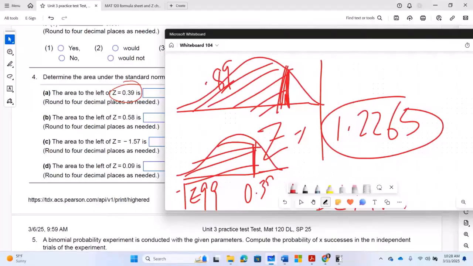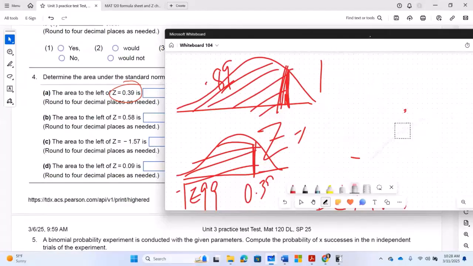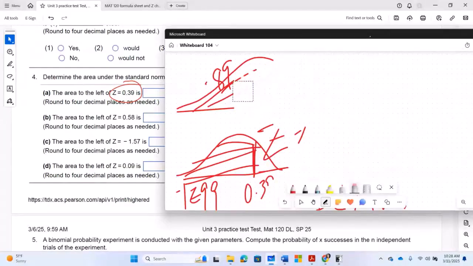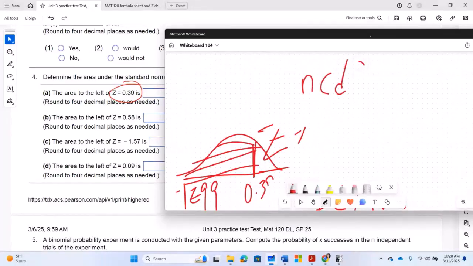So what I have to do is, remember we did this before, we are actually going over what we have done because it's in unit 3. So normal CDF, normal cumulative density function: the lower bound is negative 1E99, the upper bound is 0.39.